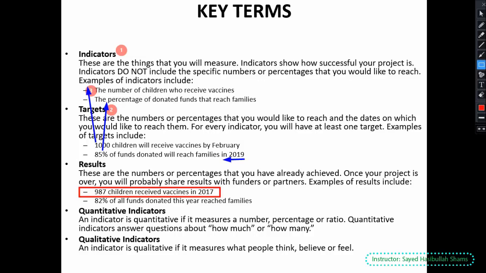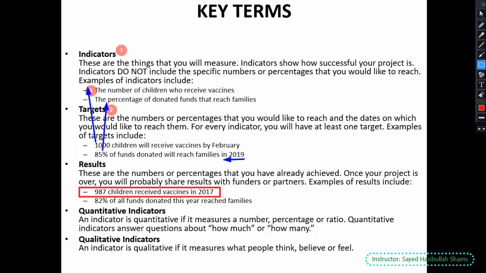This is called result, and we discuss this, for example, lack of resources. One of the reasons was that families were not present to vaccinate their children.